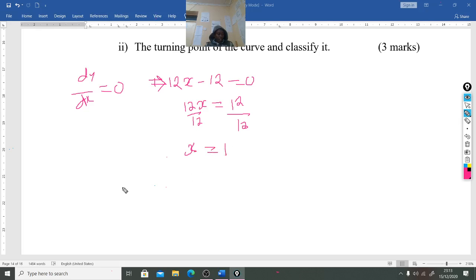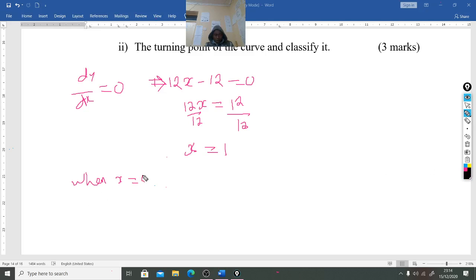When x is equal to 1, we find what y is. We use the original equation to find what y is.